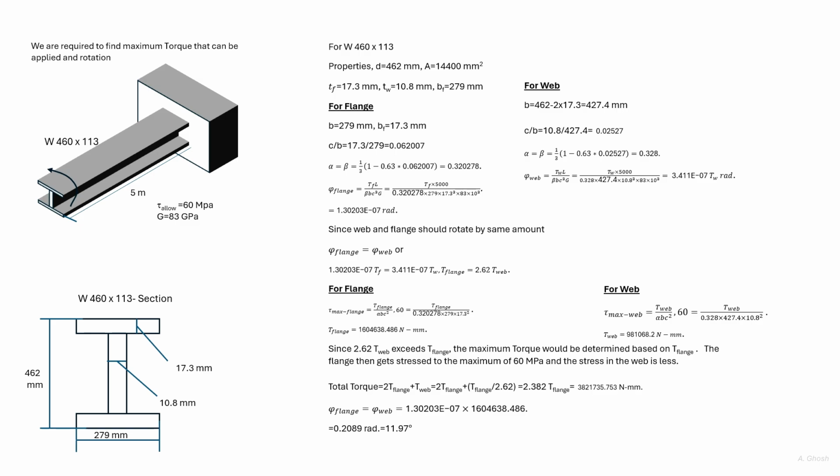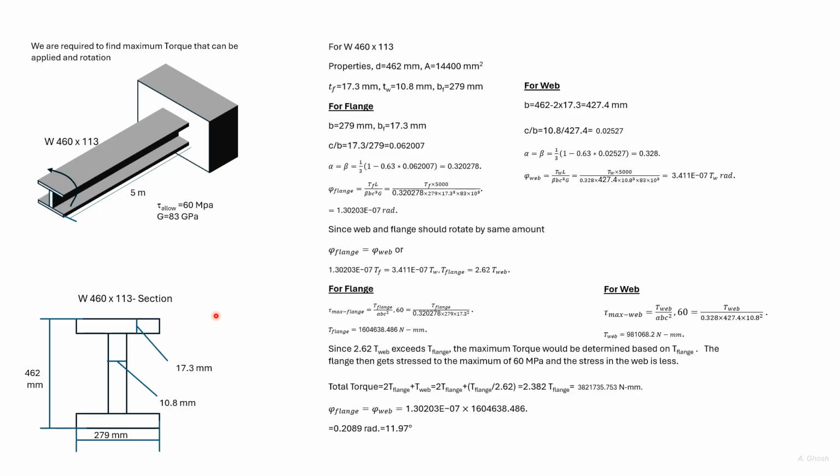So here, first we find out the relationship between the two torques in the flange and the web using the angle of twist. We have used a standard I section and we know all the dimensions of the I section.